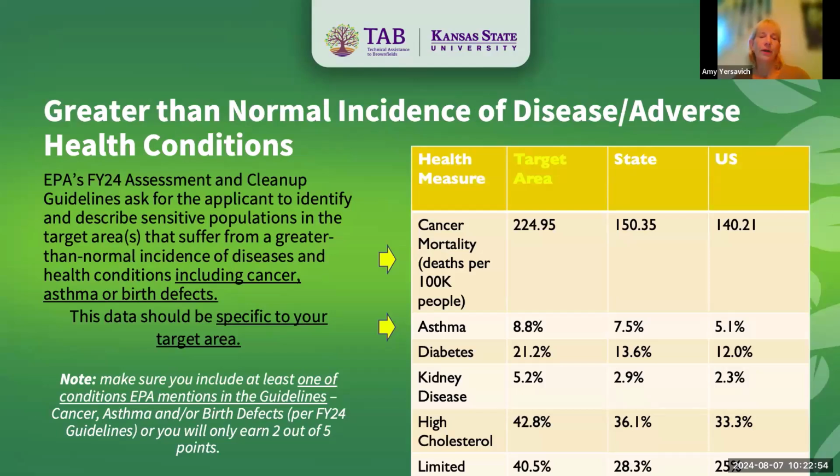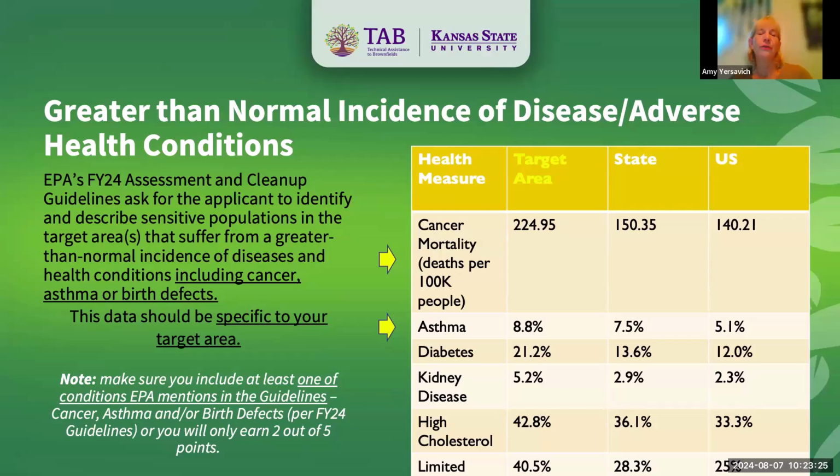Next slide. So here's an example where for the greater than normal incidence of disease of adverse health conditions, you want to make sure that you're talking about the cancer mortality rate and/or the asthma rate here, because that's something that is mentioned in the grant guidelines. And if you don't mention either of those or birth defects, you will only earn 2 out of your 5 points.